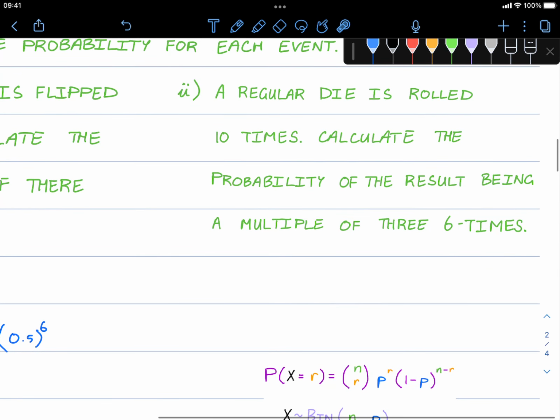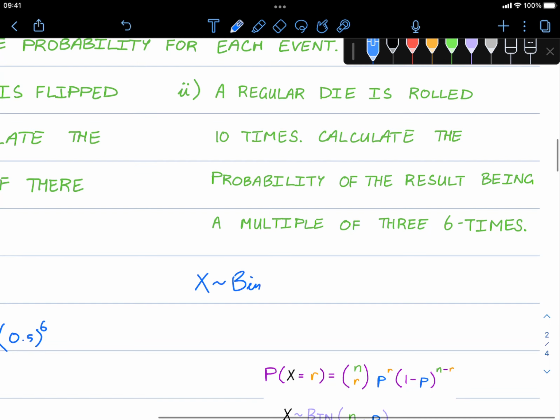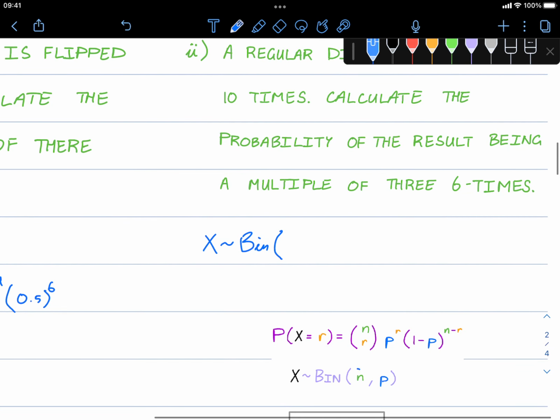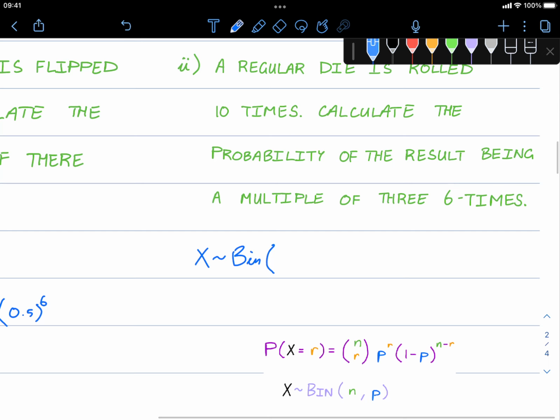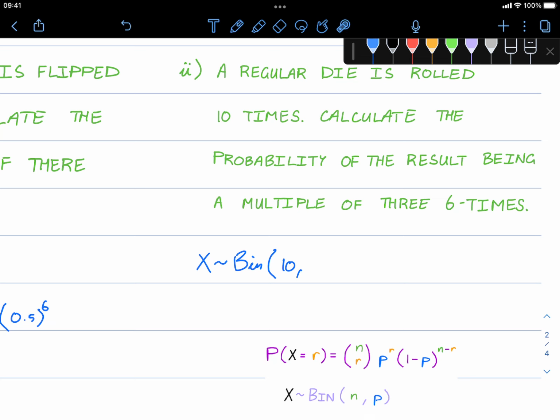So we have a regular die that is rolled 10 times. Okay, so we can say that X follows a binomial distribution. The number of repetitions, once again, is 10. The probability of the result being a multiple of 3, 6 times.